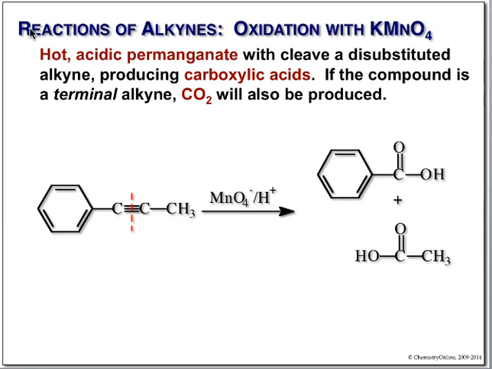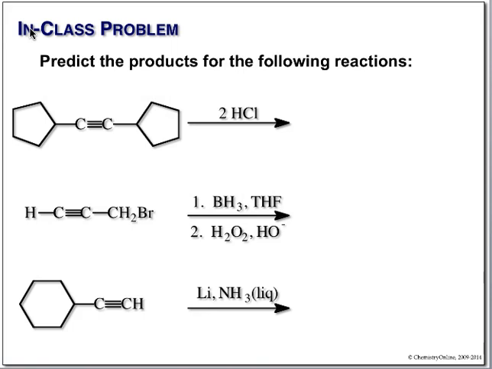We can use a strong catalyst and reduce everything, use a poison catalyst and get a cis alkene, or dissolving metal and get a trans alkene. Again, oxidation gives us carboxylic acids, exactly what you learned last week for alkenes. So let's do some reactions.